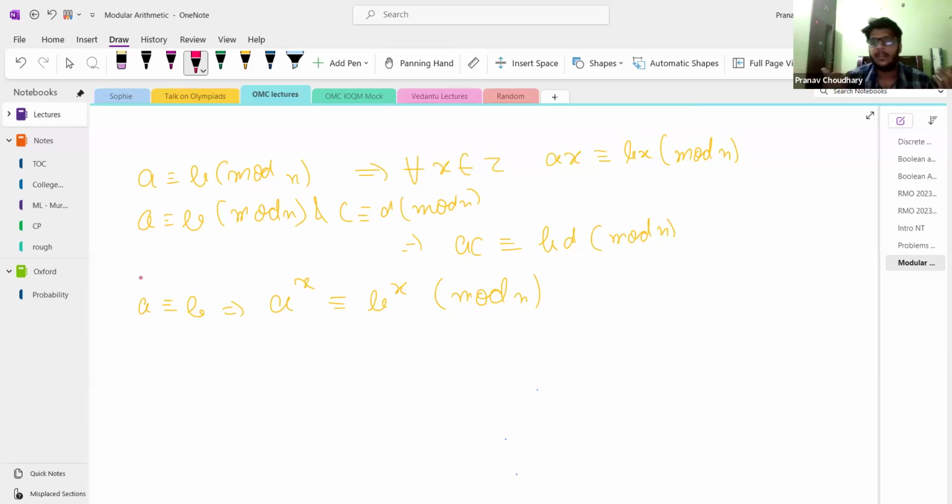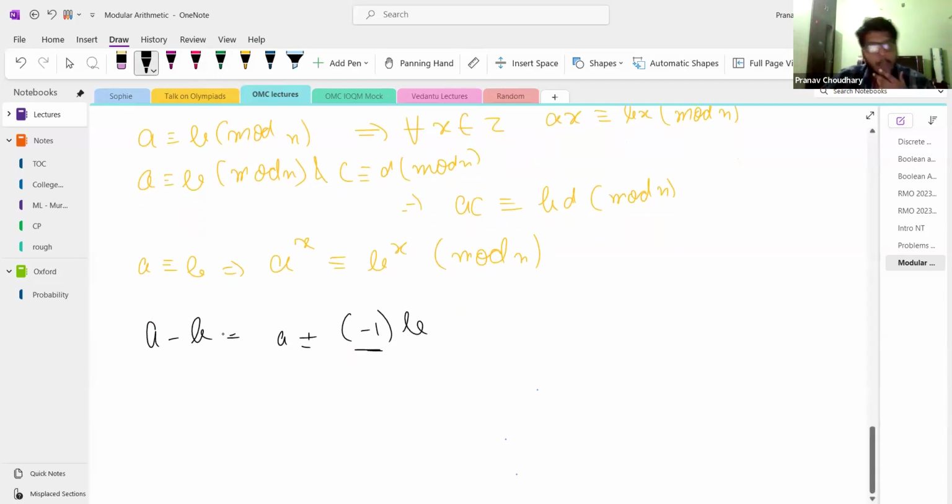It will become more clear once we get to the problems. We can do addition, we can do subtraction. Subtraction is just multiplying by minus one and adding, so I can write a minus b as a plus minus one times b. So you can do addition, multiplication, and subtraction in modular arithmetic. But can you do division?